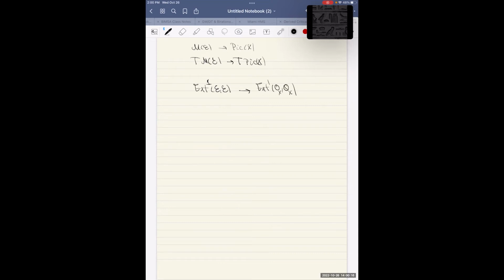It's correct, and this is the determinant map. But then Grothendieck tells you taking extensions of O with respect to itself is the same as H^1 of O_X, first cohomology over X.